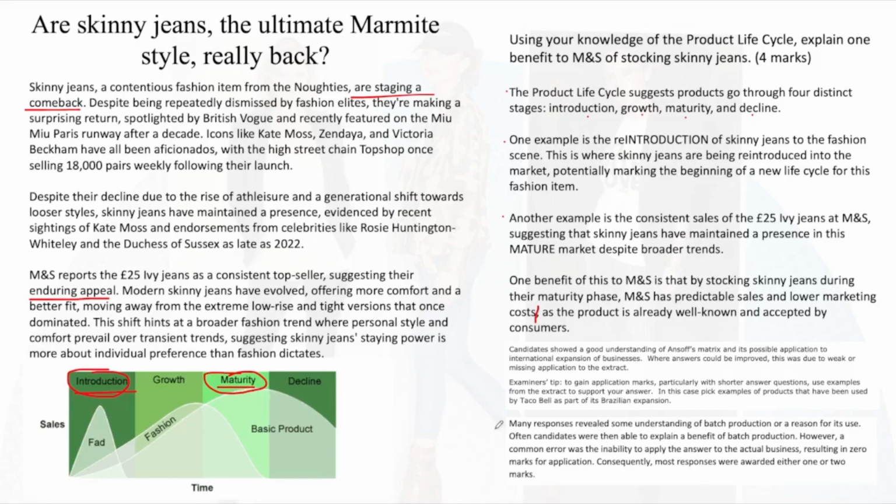examiner report. Many responses revealed some understanding of batch production or a use of it. Okay, that's fine, good, we've got the benefits. However, a common error was the inability to apply the answer to the actual business, resulting in 0 marks for application. It's a common mistake.